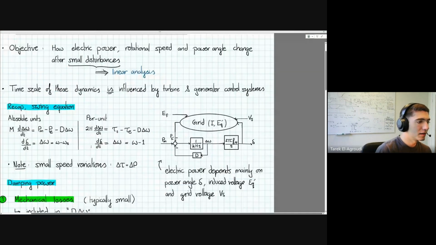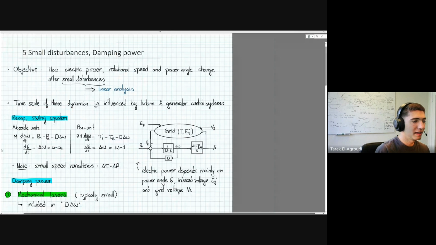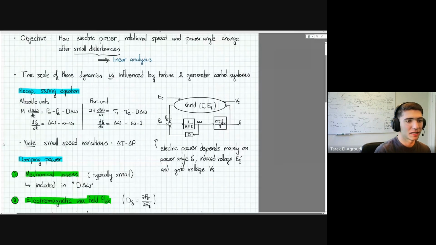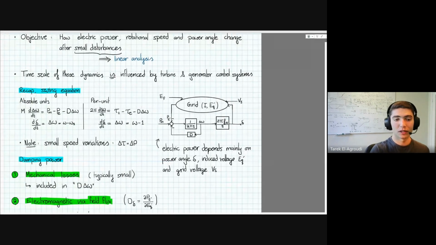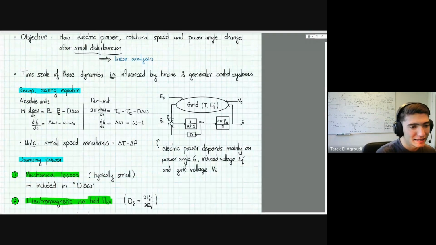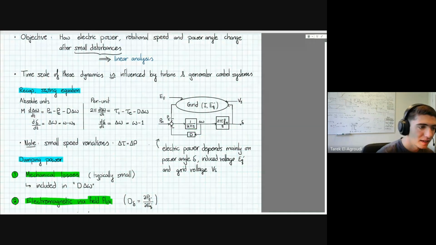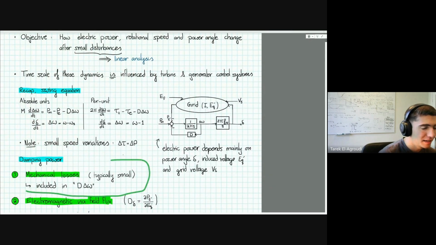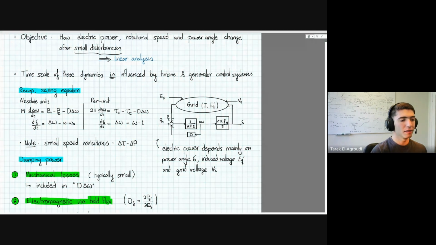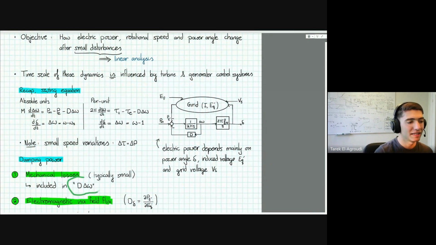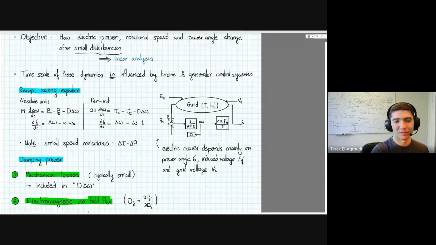As we just said, if you don't model the damper windings explicitly, for example, if you consider the third order models, which is typical for hydropower plants, then you want this E to include also the damper winding effect. And so we already consider damping power, the mechanical power, that's already included in this D. So the mechanical friction and such is typically very small and can be neglected.